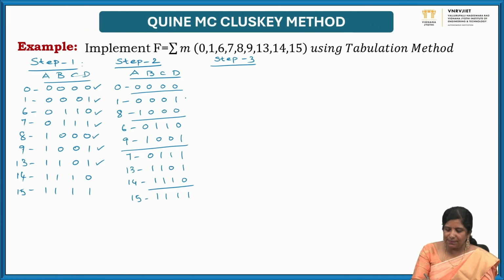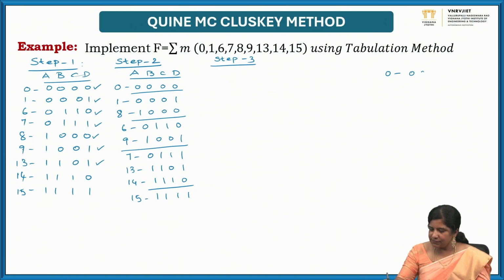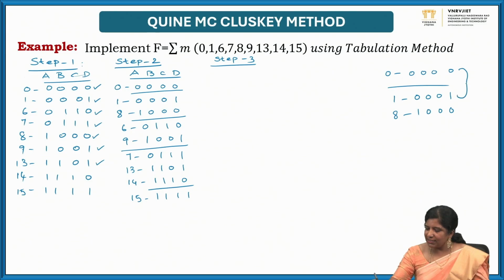Now coming to step 3, you have to compare the minterms present in the first group with the minterms present in the second group. Here, for example, I have 0, 0, 0, 0. This group 0 should be compared with both the minterms present here, that is 1 and 8. When comparing, you have to check that it should differ by only one variable.